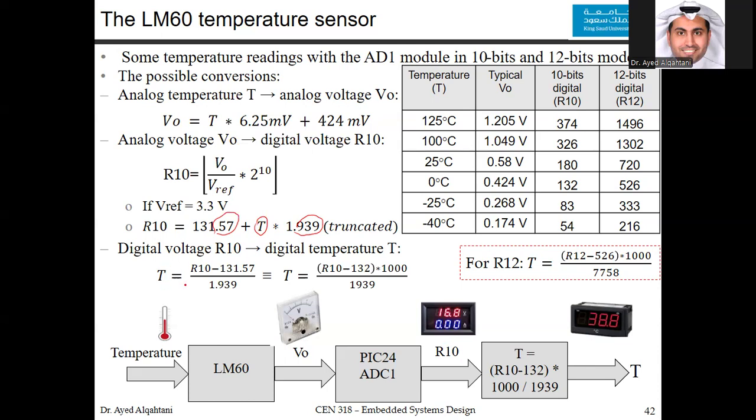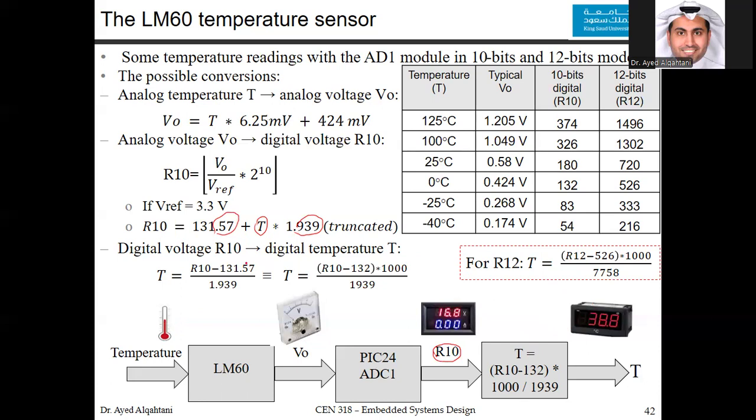So if you have R10 and you want to find the digital temperature value, it should be equal to whatever you have here, the analog temperature. Maybe you measure it using an analog tool, and you can find out exactly the temperature. You could compare it to the digital value that you got if you plug in this relation. It should be the same or very, very close. Remember, we are digitizing and we might lose some values.